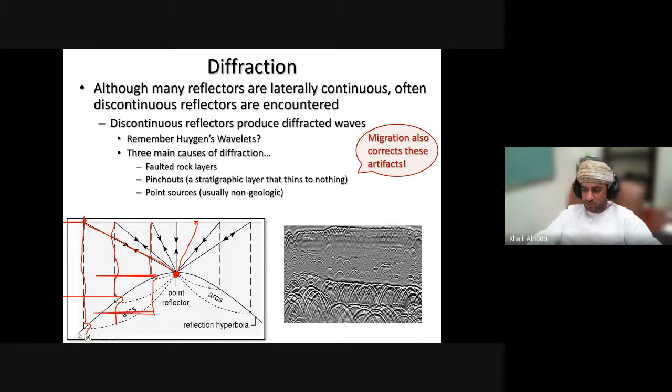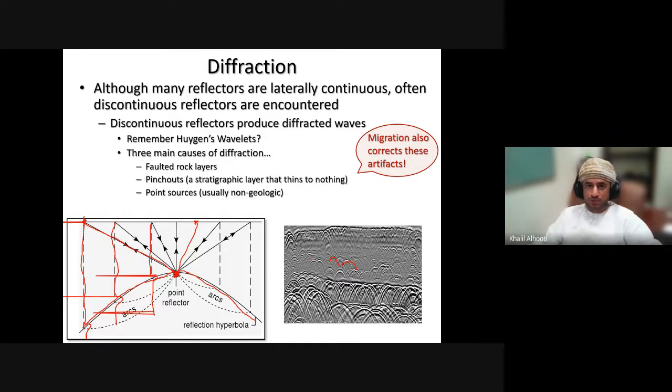If you connect those lines, you will generate a curve similar to what we call a hyperbolic curve. So in this section, all of this energy you see, there are diffractions. It means that in geologic sections, there were a lot of irregularities, a lot of point sources.